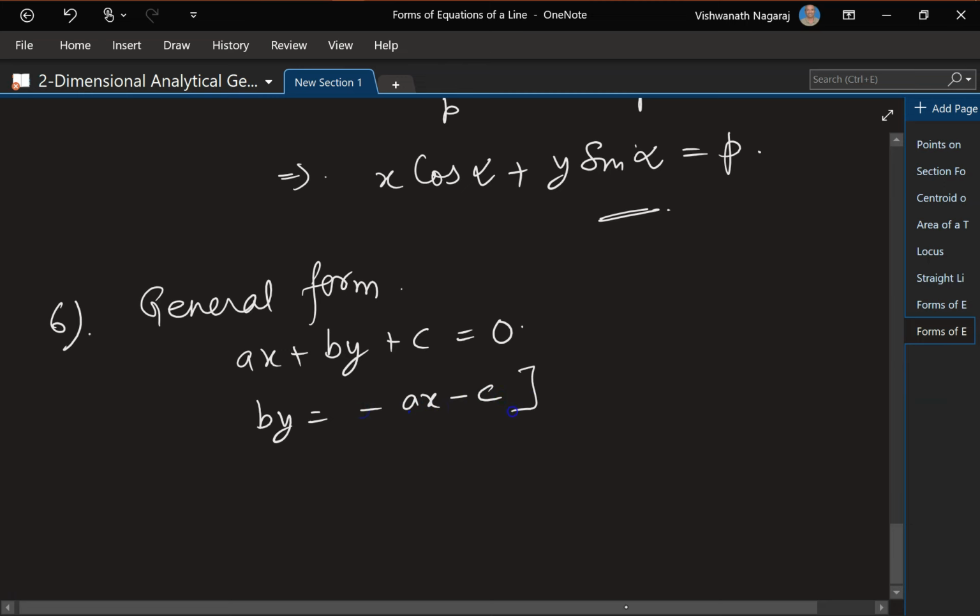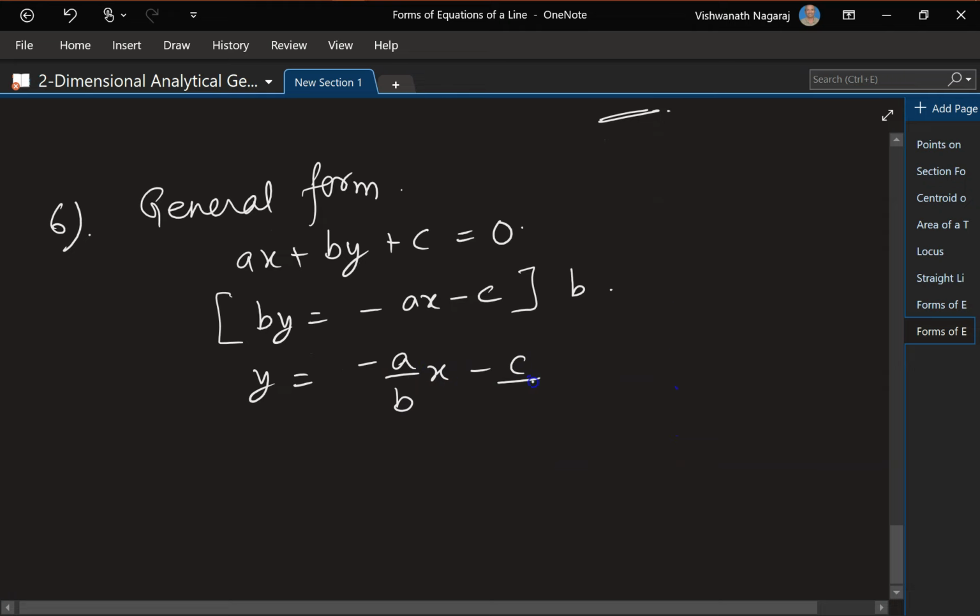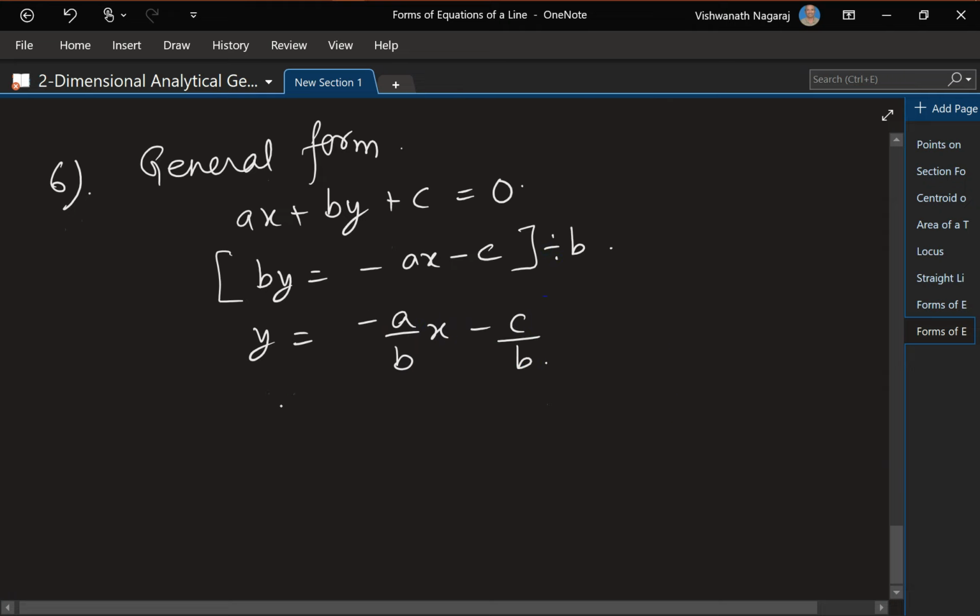Now let's divide this entire thing by b. So y is equal to minus a by b x minus c by b.